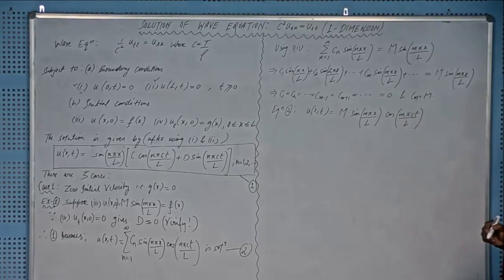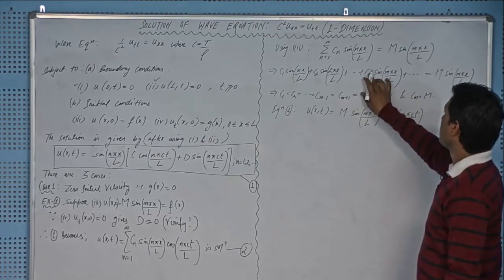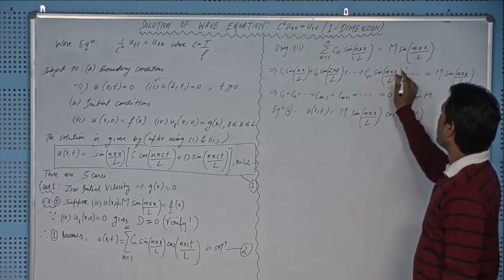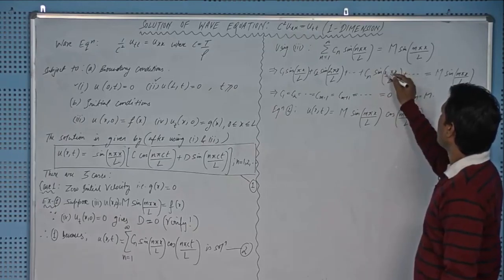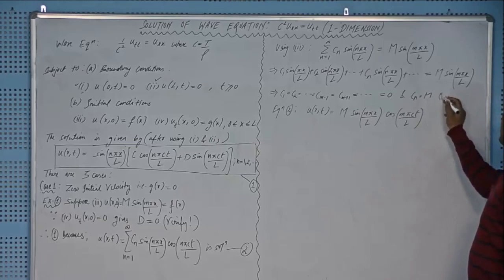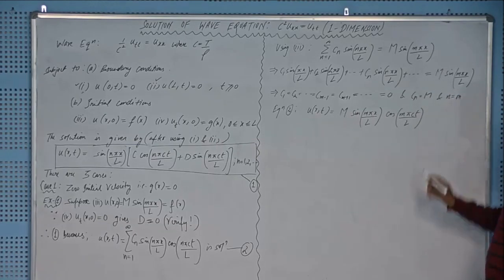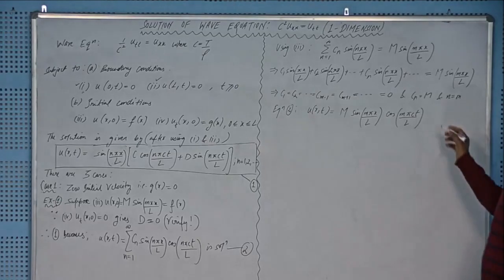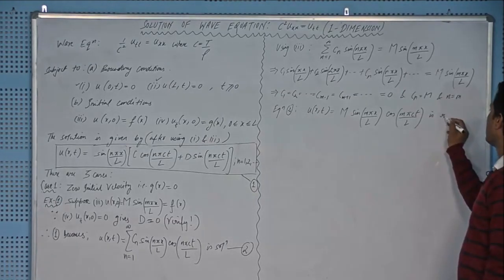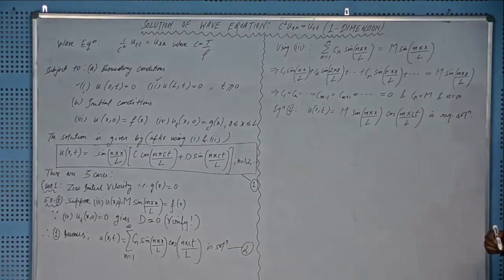Or I can write it as n here, with Cn equal to M, and n equal to small m. Now it is fine. So this is the required solution.